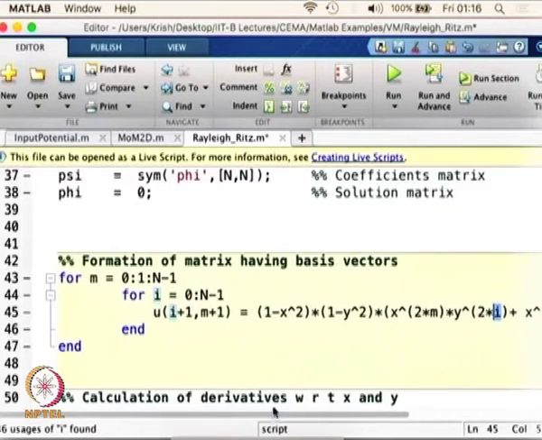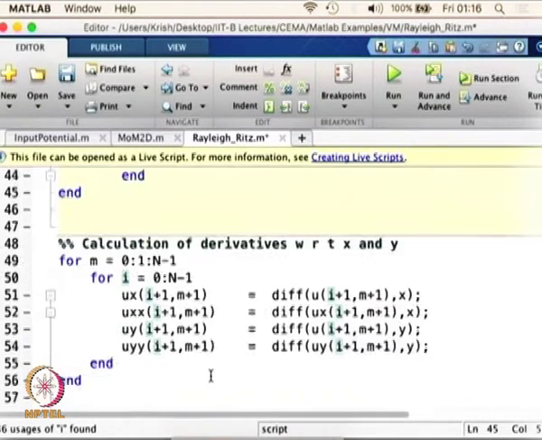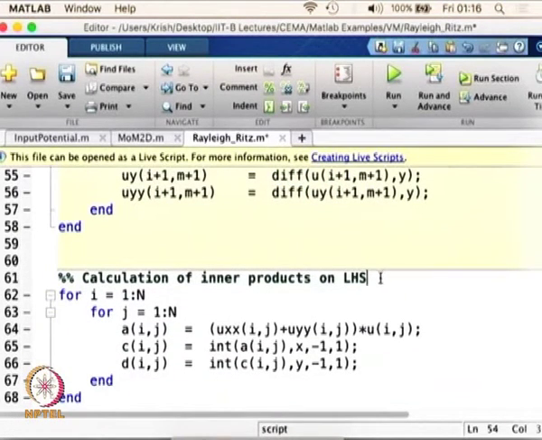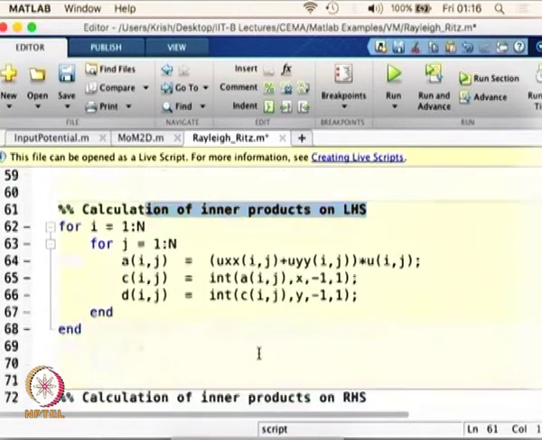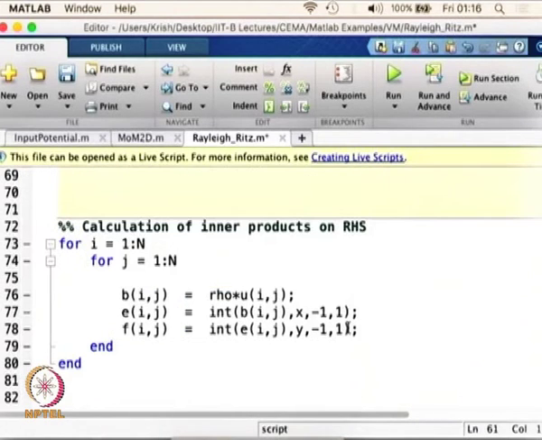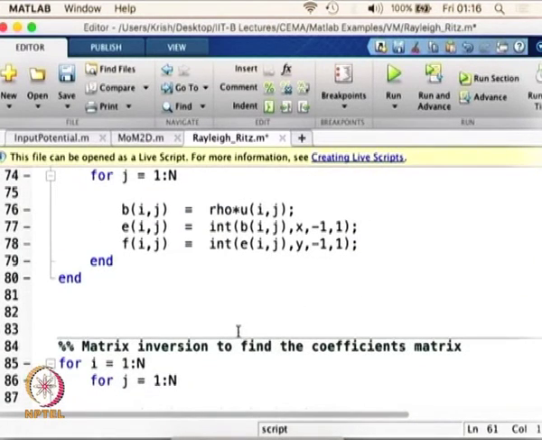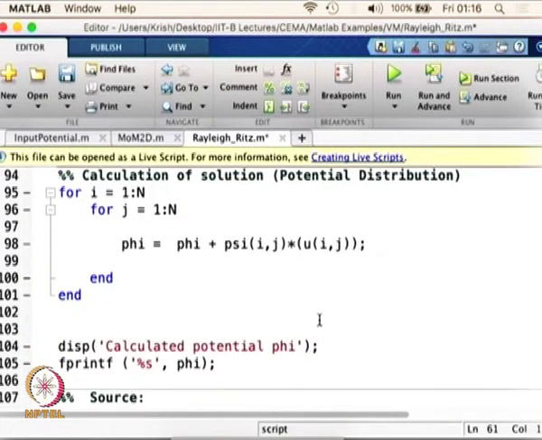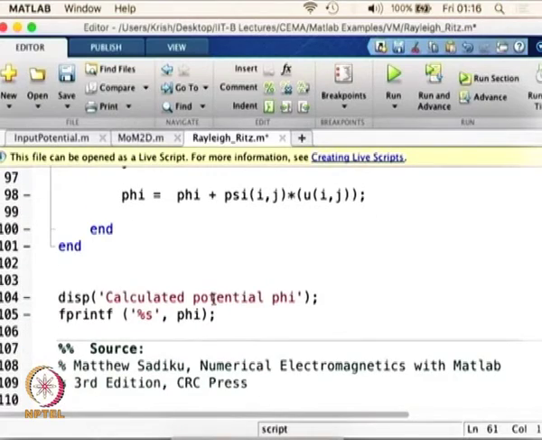Once you do that, you do the derivation using the inbuilt MATLAB function called diff. You compute the inner products on the left hand side and on the right hand side as follows. Then you do the matrix inversion to compute the value of C, and you compute the solution for the domain. This is very straightforward, and we are going to print the solution in the final step.